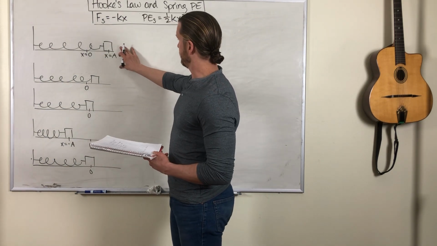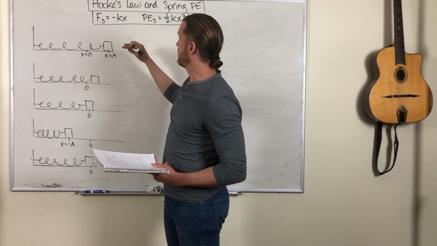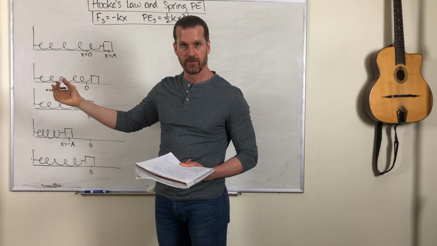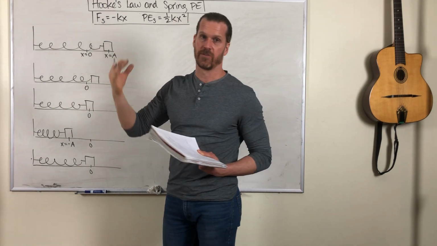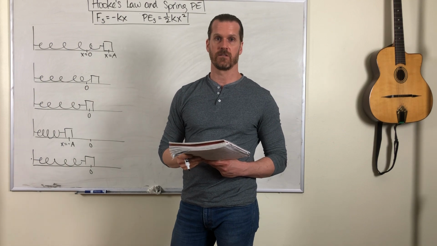All right, so let's take a look at the system, and we'll think about what's happening with the force. We'll think about what's happening with potential and kinetic energy, and then we'll do a little calculation.